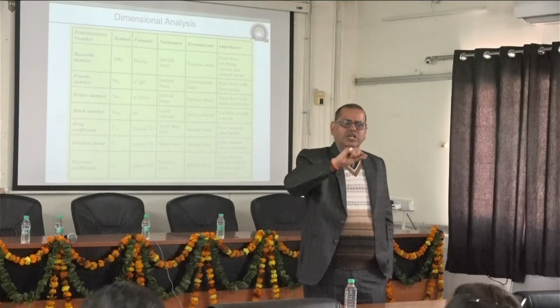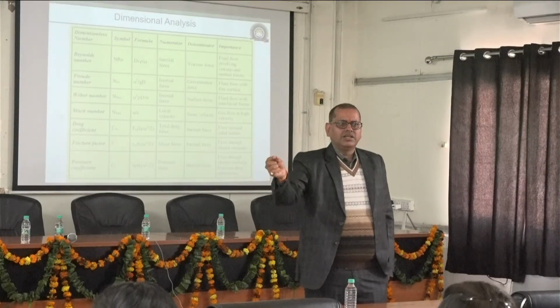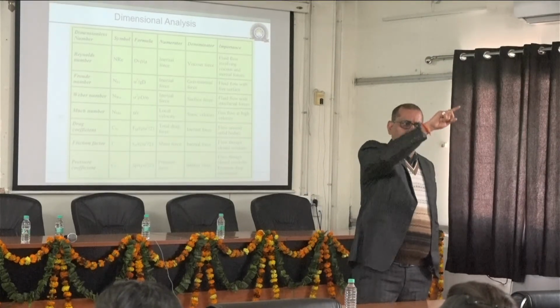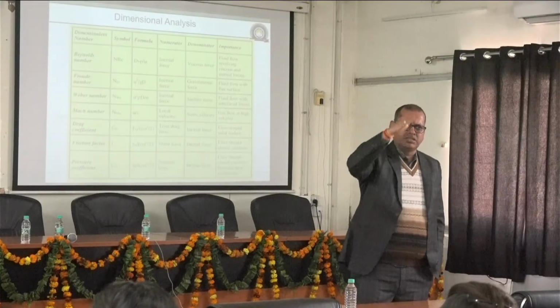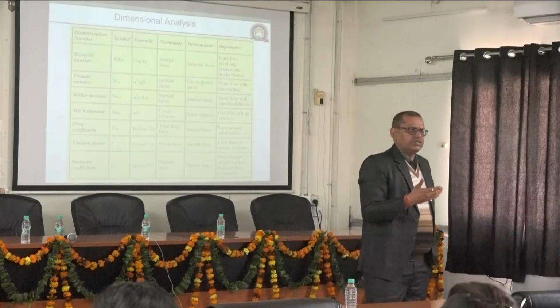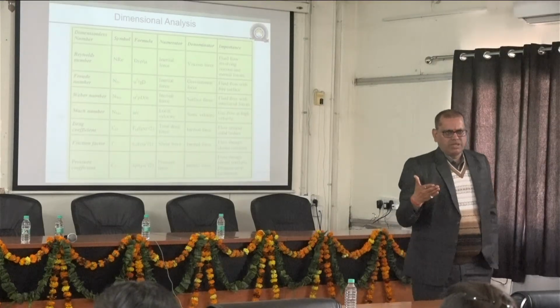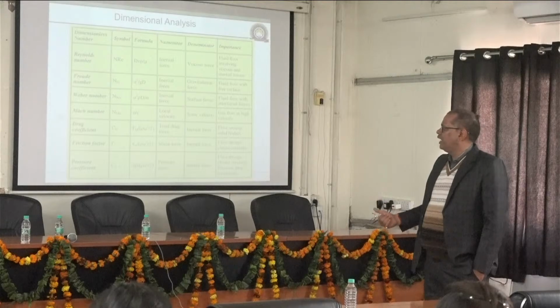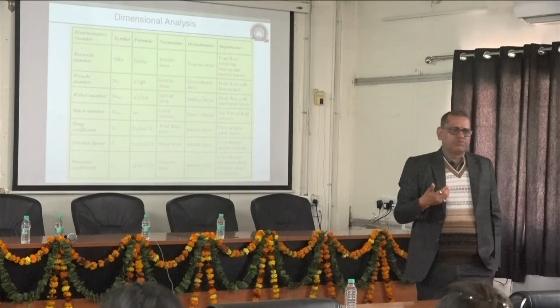When you have to do the velocity or time scaling, that is under the dynamic. And when you have to scale the geometry, means length and width or diameter or area, that is under the geometrical similarity. So all those similarities we can use to make our problem simpler.